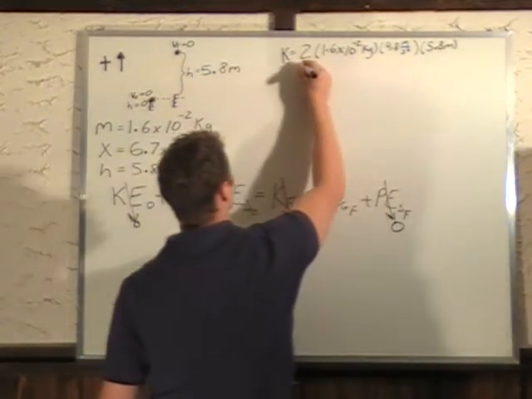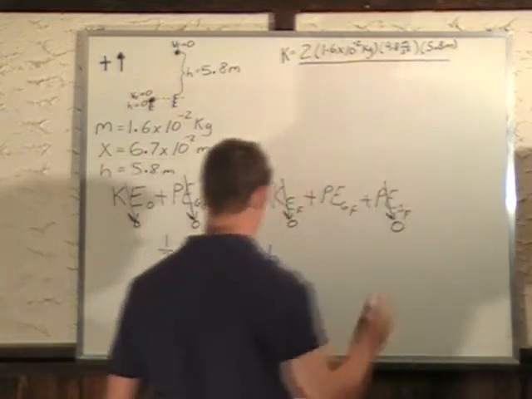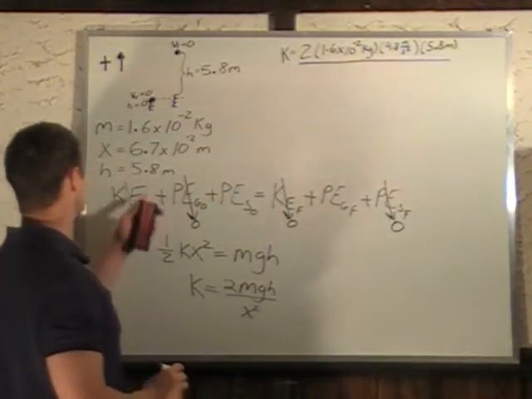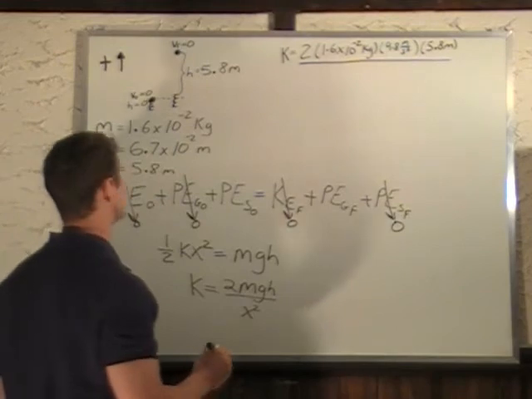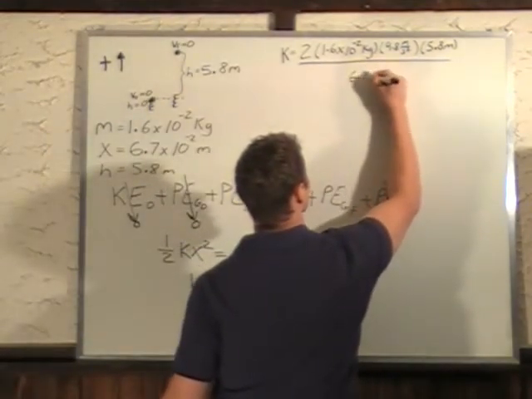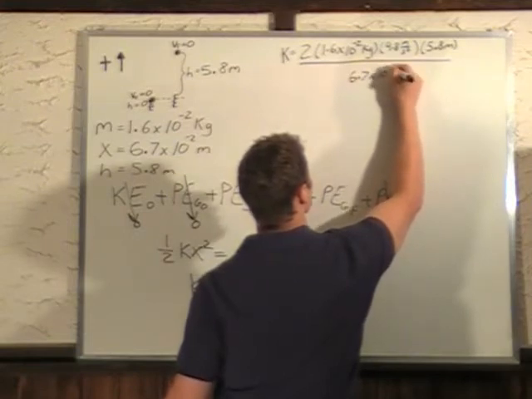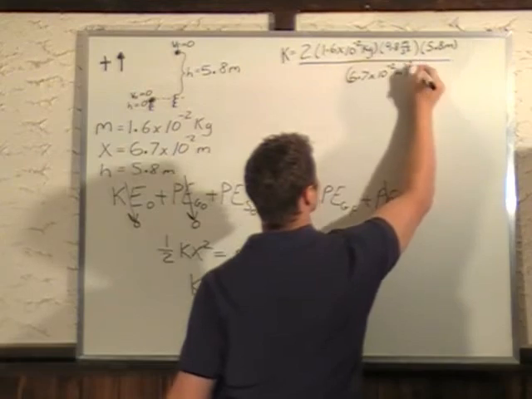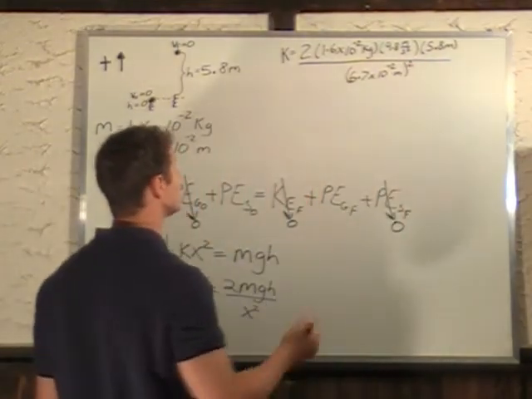Now this is all divided by x squared. x is 6.7 times 10 to the minus 2 meters, all squared.